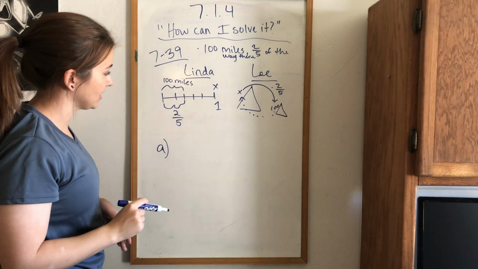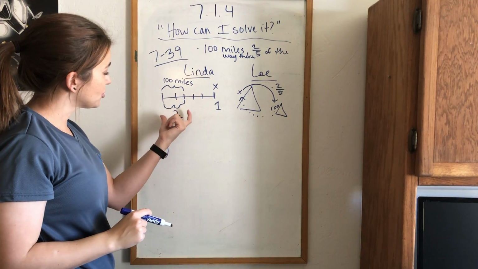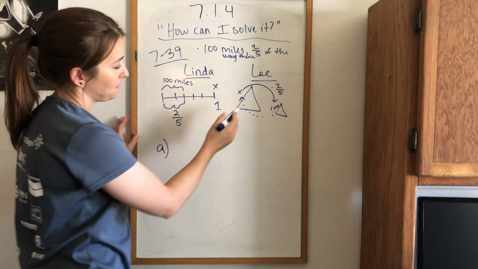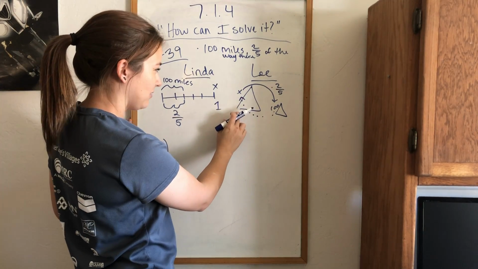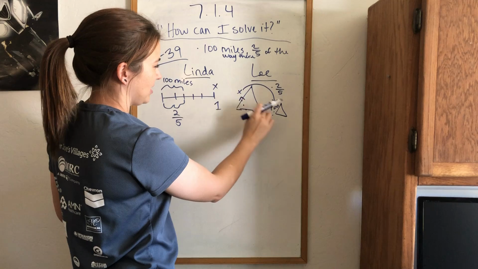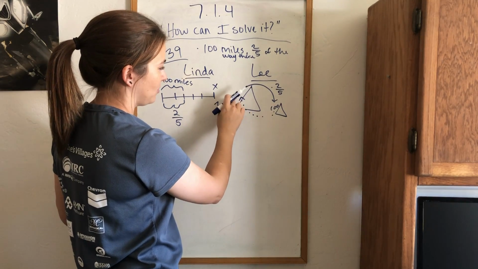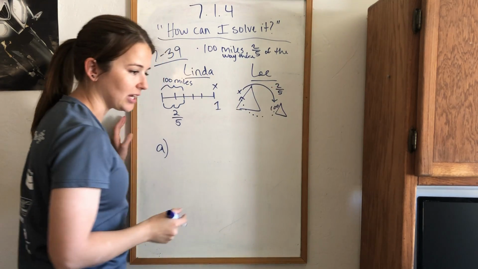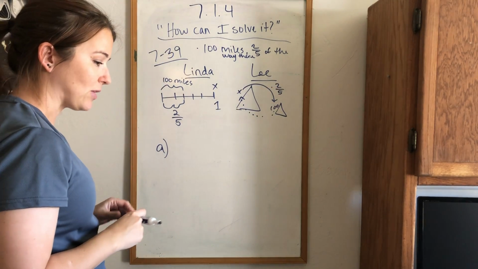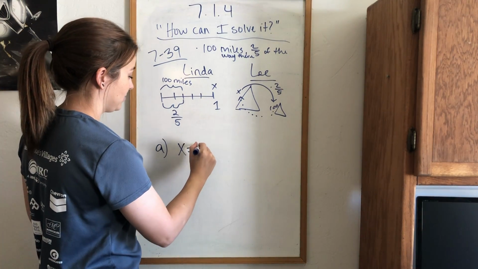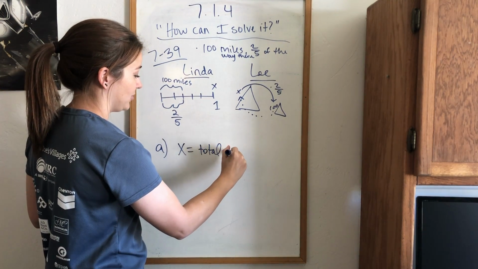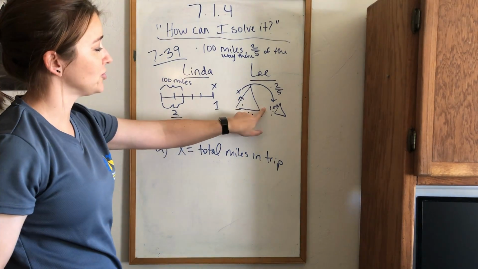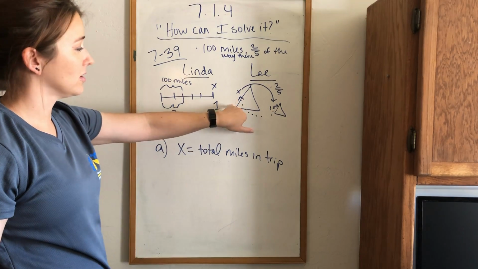Well, I'm noticing this one's showing a portion of a whole, and this one's kind of showing like a related triangle side, so that this side would be related to this side. If you multiplied this side by 2/5, you would get 100. So X represents total miles in the trip. And we know that has to be a number bigger than 100, which is why this triangle is smaller than that triangle.